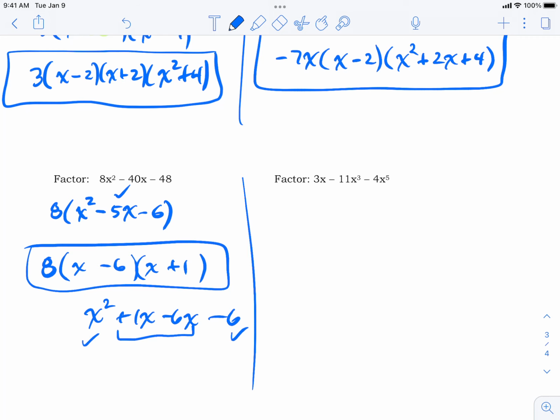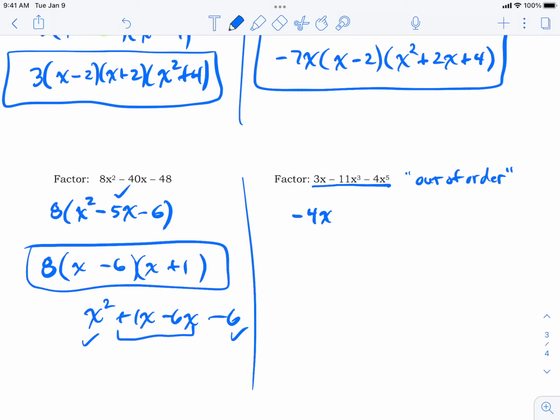And the one more. Now this one, the first thing I notice is it's kind of out of order. You see how the x to the 5th is way over here? Usually you want your highest powers first. So you don't have to do it this way, but I certainly prefer doing it this way.